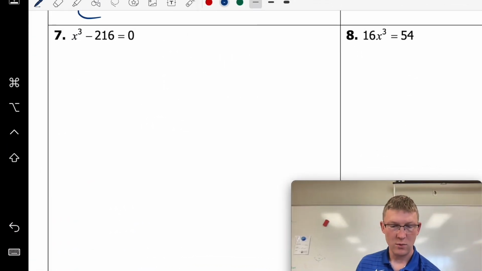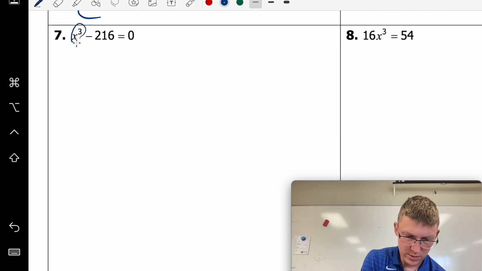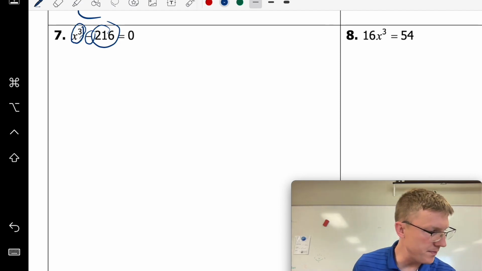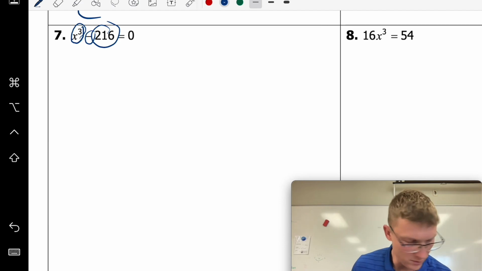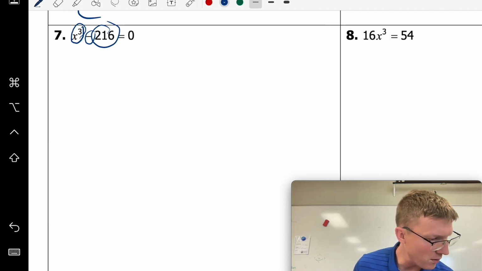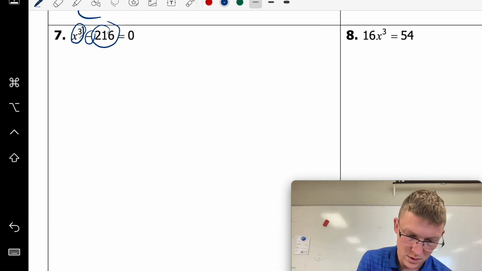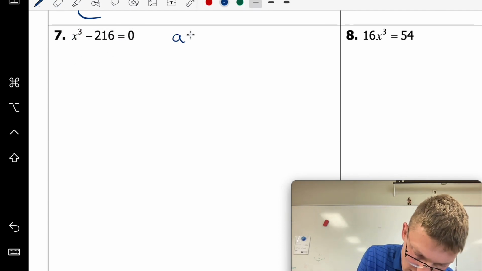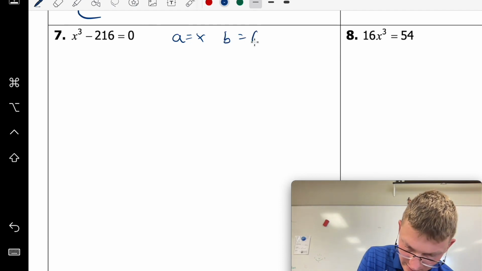So number 7, we've got x cubed minus 216, I think that's a perfect cube. Let's check. There you are. What is it? 2, 16, what was that, 4? No, 6. Okay. So that means that my a is going to be x and my b is going to be 6.